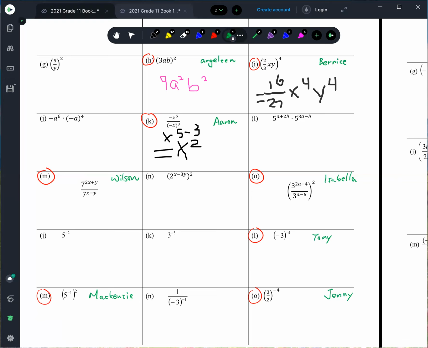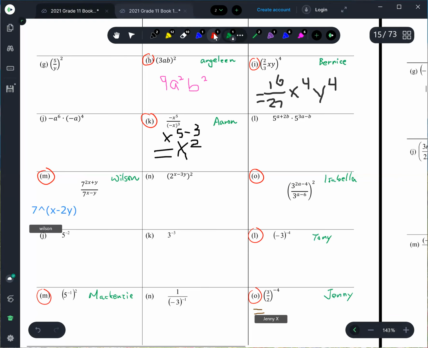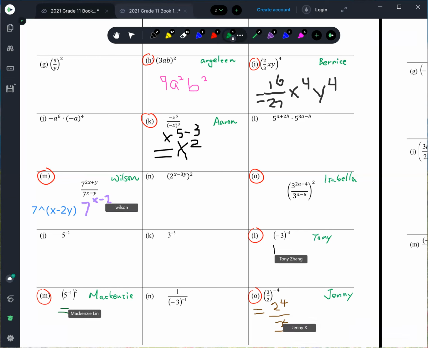How do you write on the board? Okay, there should be a function called annotate. Yeah, or like Wilson, he's able to type it in, right? Yeah, you can either write it or type, I think.